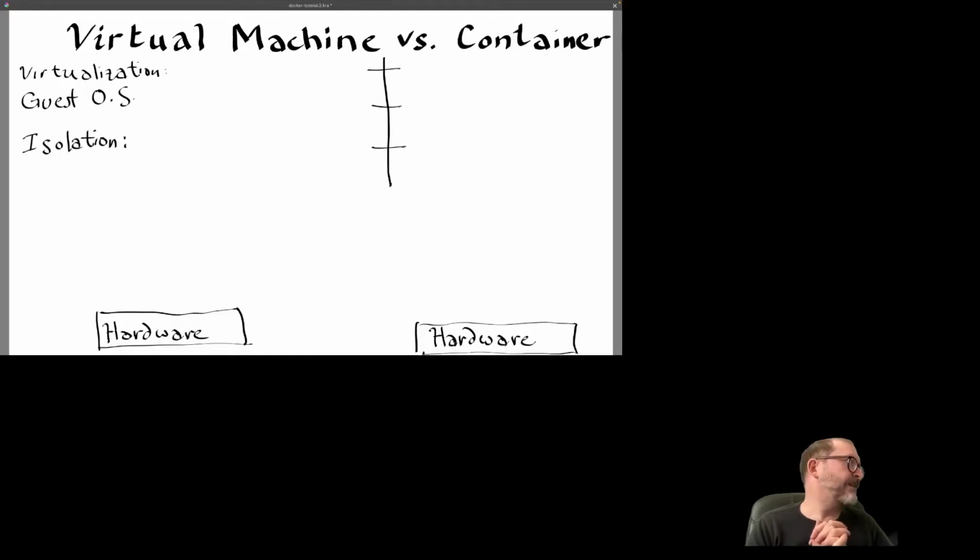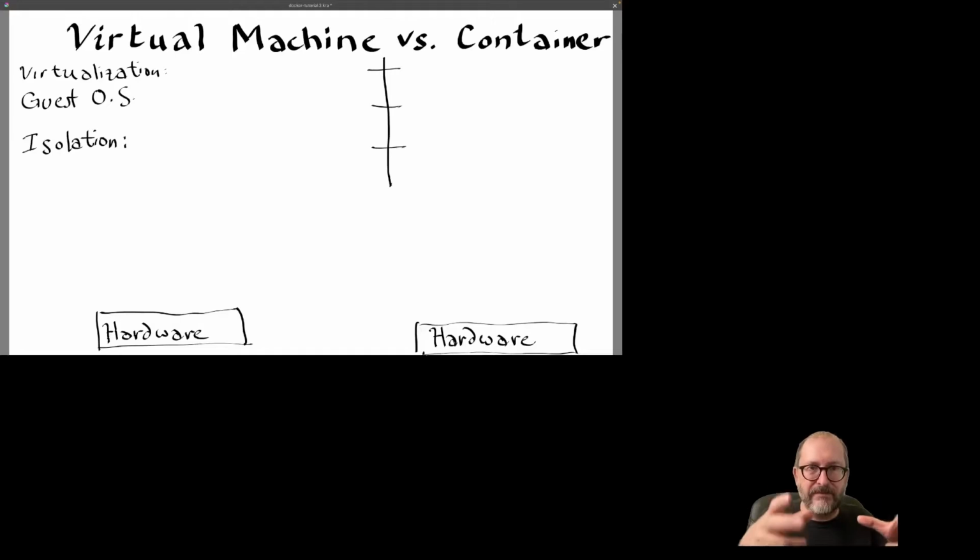So first, there's this concept of virtualization. In a virtual machine, you have your host hardware, and all the hardware has interfaces. On the hardware, there's something running called a hypervisor, and it has direct access to the hardware, but then it presents a virtualized interface to the hardware, which can then be seen by a guest operating system.